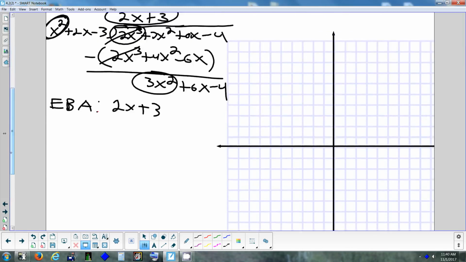Okay, remember when you graph a line, start with the y-intercept. What's the y-intercept here? 3. So put a dot on 3. And then what's the slope? 2 over 1. So rise 2, run 1. Up 2, over 1. Up 2, over 1. Do it as many times as you need to.